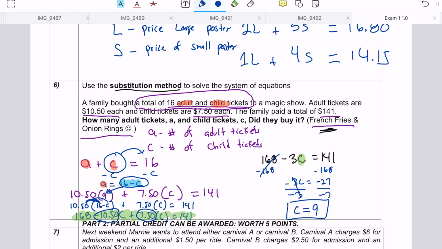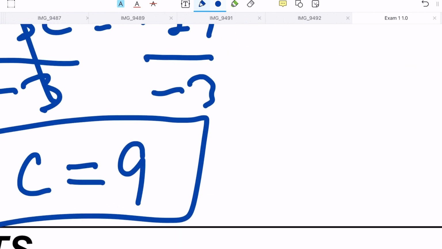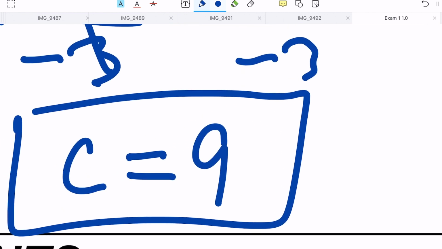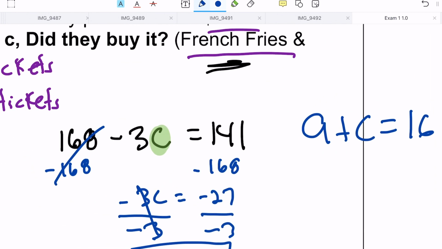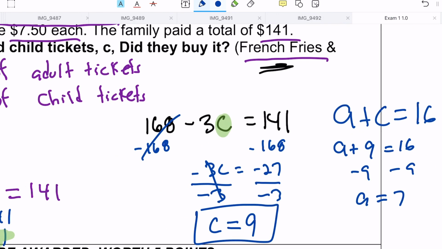We know that A plus C equals 16. I'm substituting C for 9. So I'm going to go A plus 9 equals 16. So A equals 7.